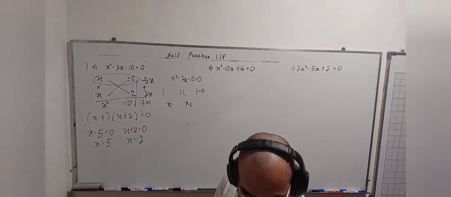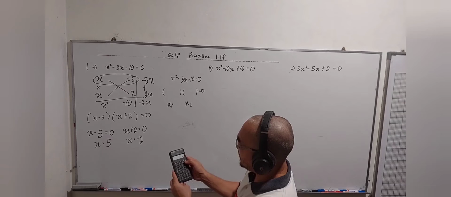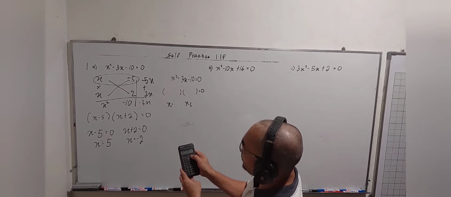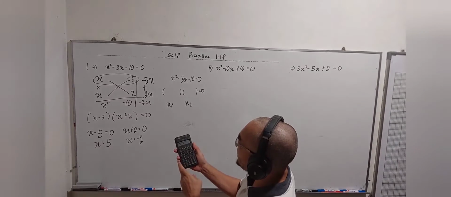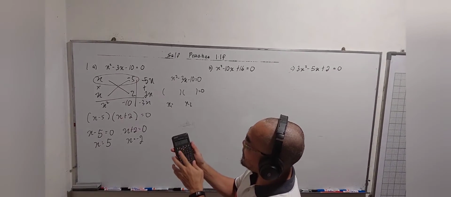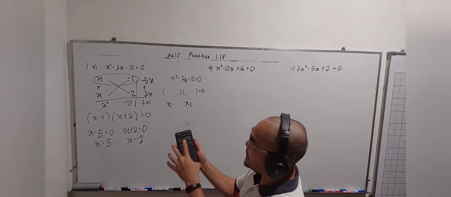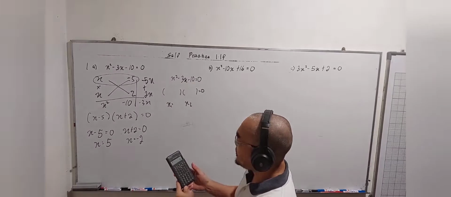So we go to the quadratic function by pressing mode until you get EQN. Then press 1, you will get unknown there. Then press the right button, you get degree. Then you press 2. That is how you go to the quadratic function.